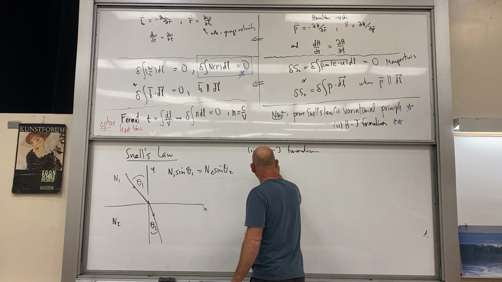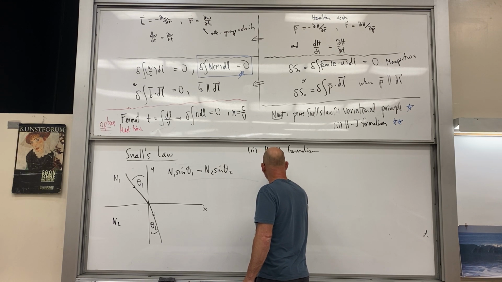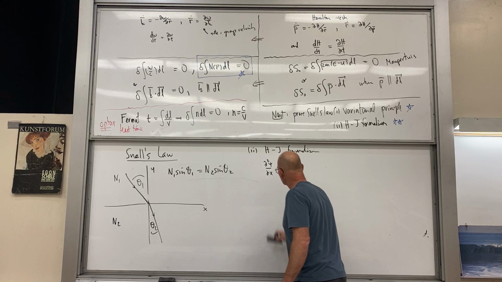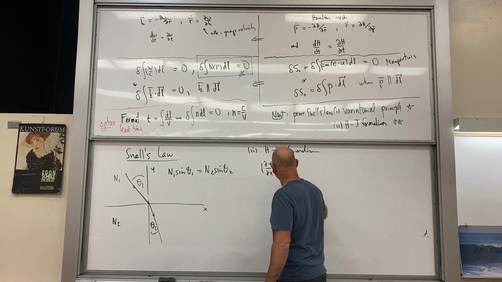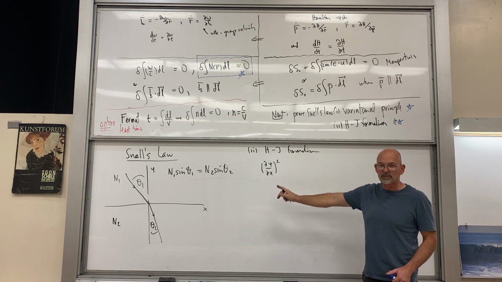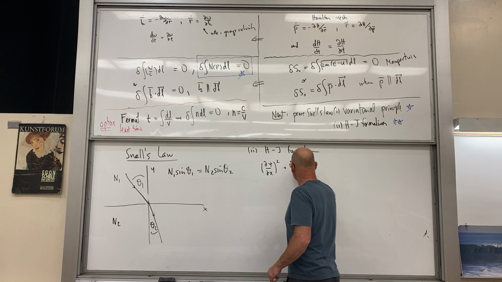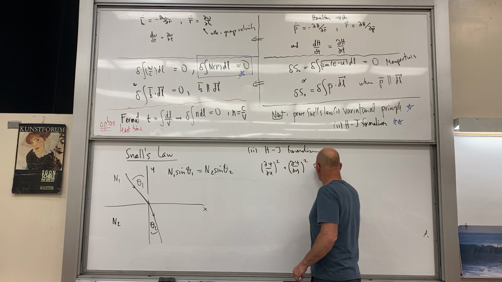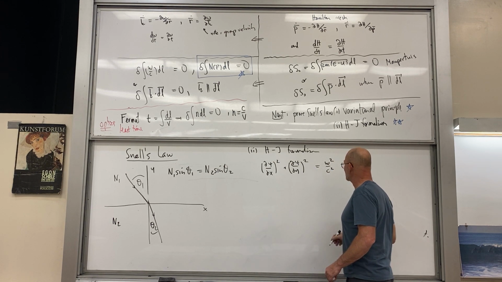We have the partial of C with respect to x, quantity squared, plus the partial of C with respect to y, quantity squared, is equal to omega squared over c squared.